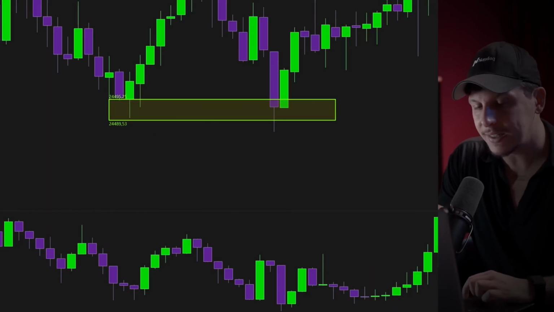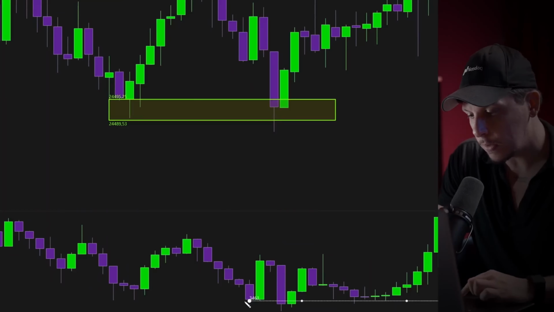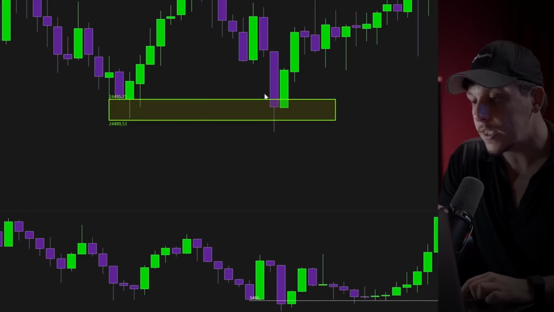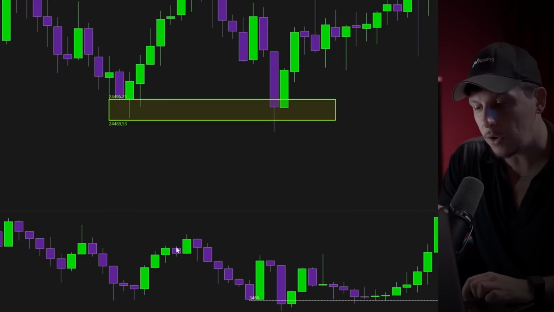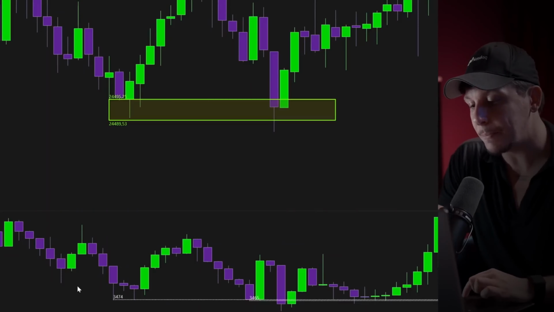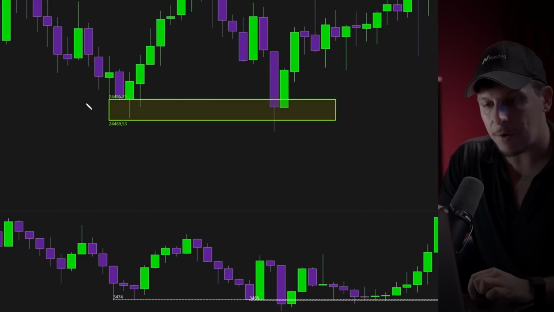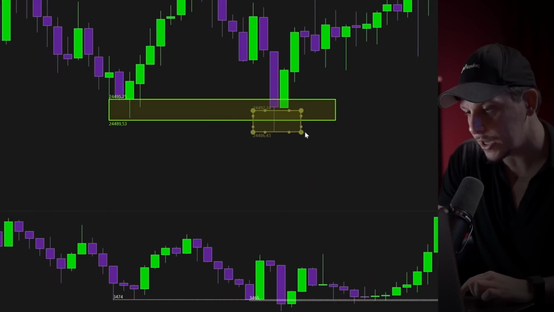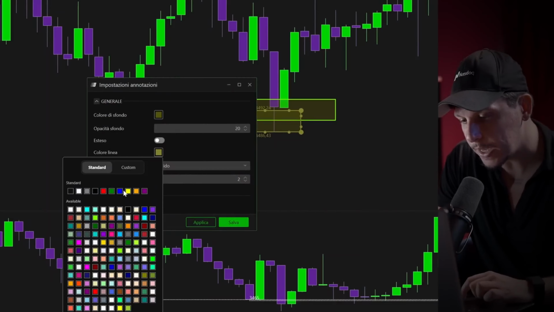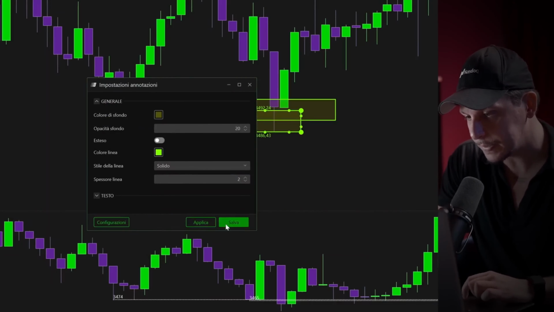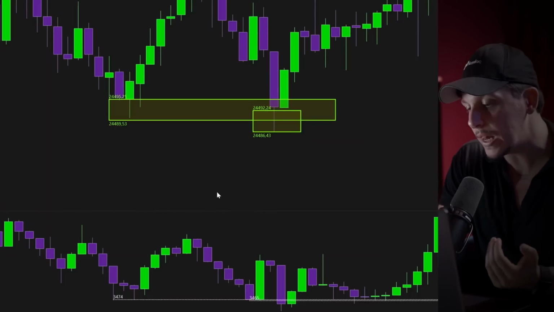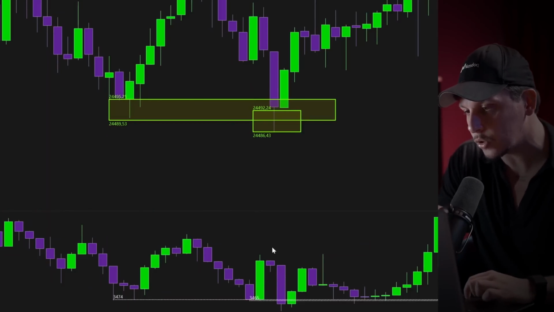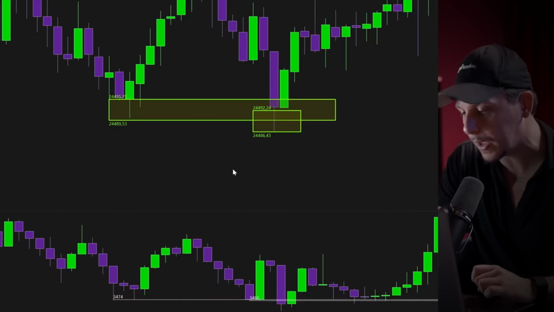And in this case, you can see that we have a lower low on the cumulative volume delta here, while the market is still at the same level as before. This is what is called absorption, okay? So there are passive buyers here that are absorbing all the aggressive sellers, and the market is not willing to go down. All this candle got completely absorbed, okay?